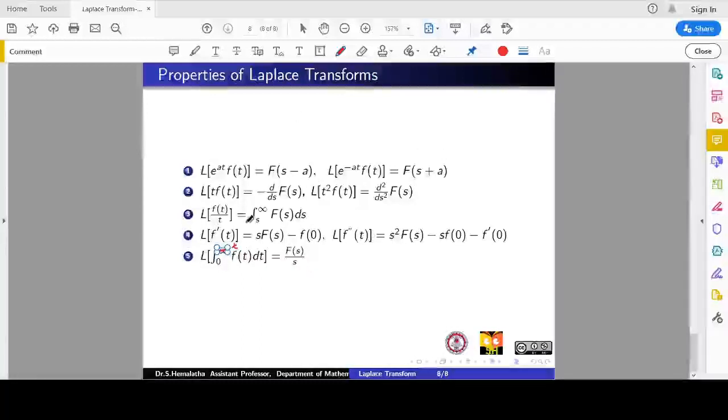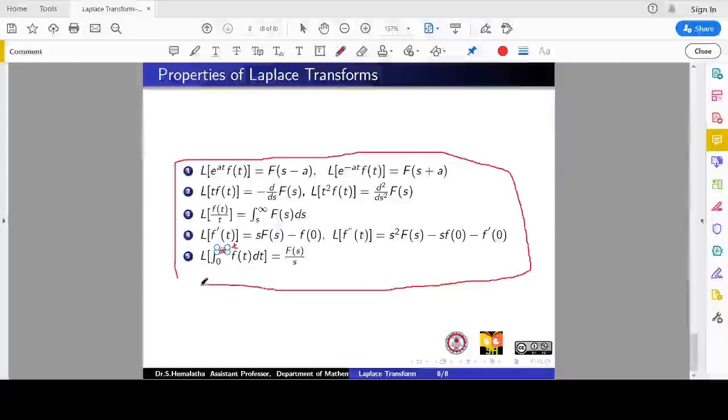And if I have a division by t squared, then the same thing will be repeated twice to get the value. These 5 properties you have to keep in mind to work more problems further in the upcoming sessions. Thank you.